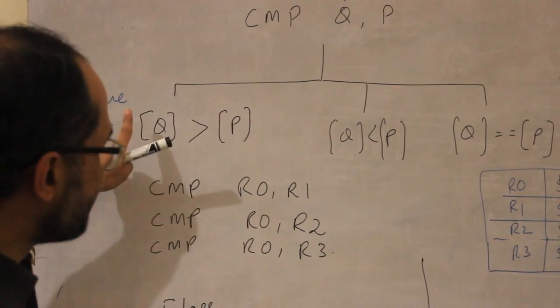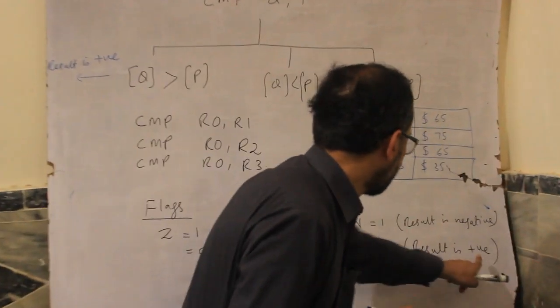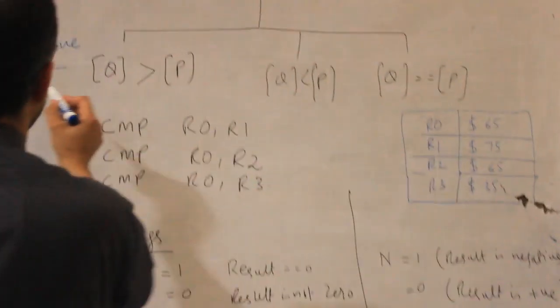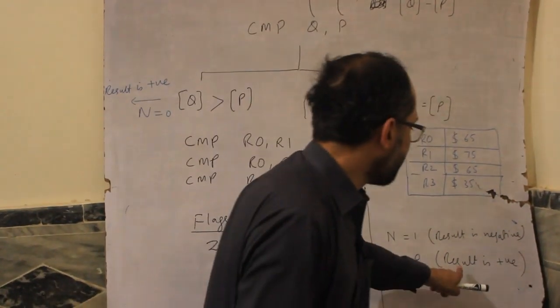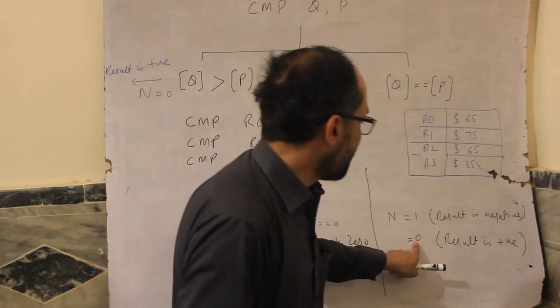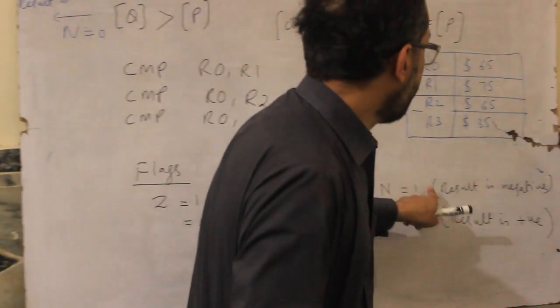When the result is positive, the N flag will be 0. If the result is negative, the N flag will be 1.